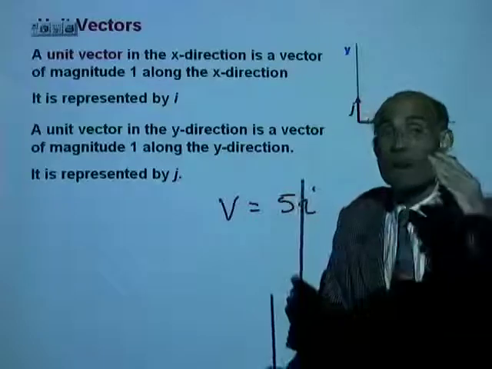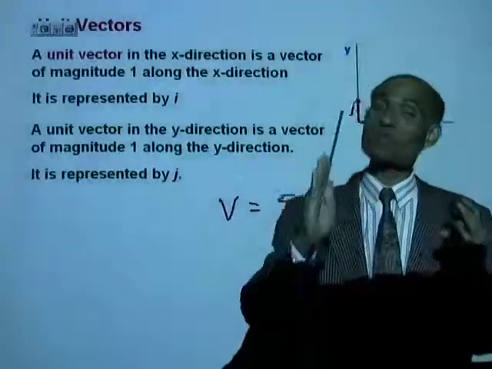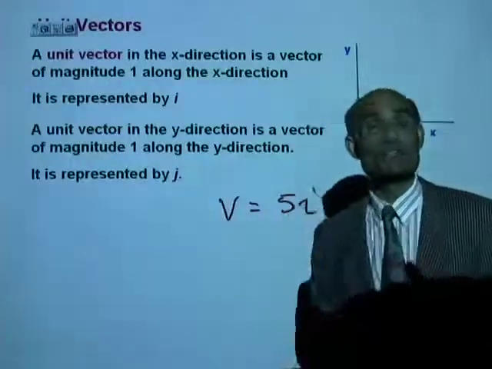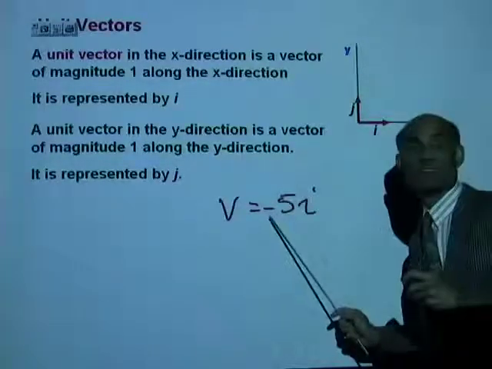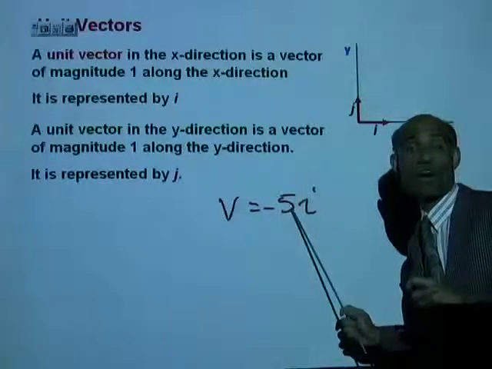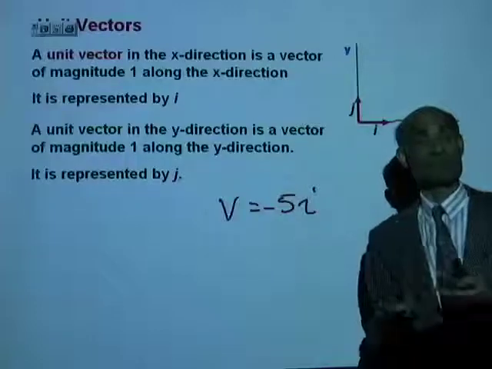If you multiply that by 5, you have a vector of magnitude 5 in the x direction. What does v equal to negative 5i represent? This is a vector of magnitude 5 in the negative x direction.